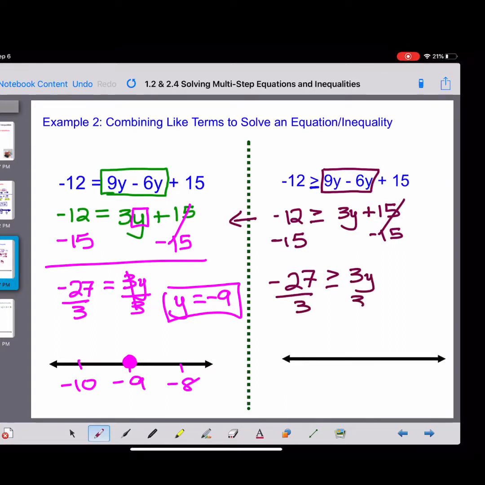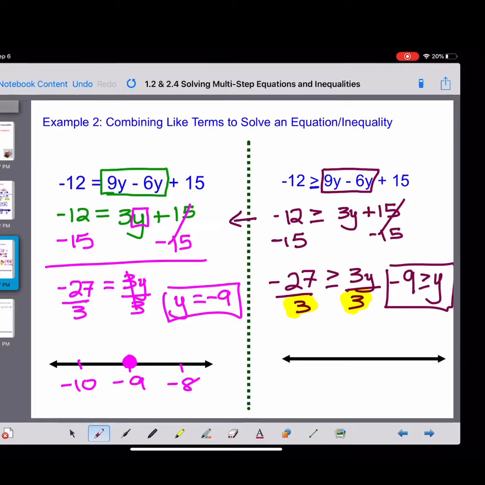Divide each side by 3. Because I am dividing by positive 3, no flip is necessary. So I'm left with negative 9 is greater than or equal to y.